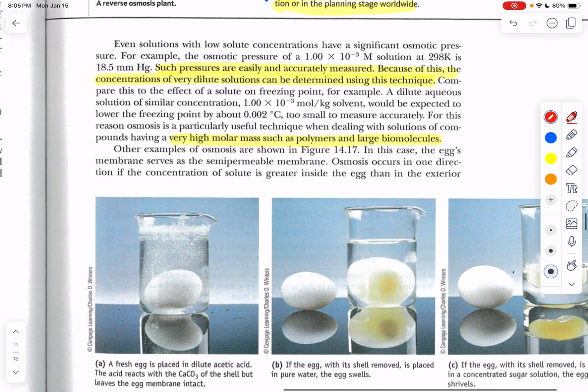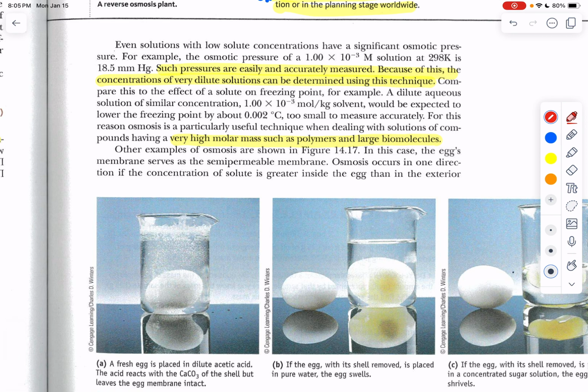A little bit more on that. Osmotic pressure as a colligative property is a much easier way to determine, for example, the molar mass of something, because it's much easier to measure changes.